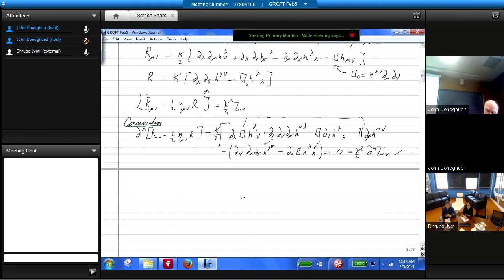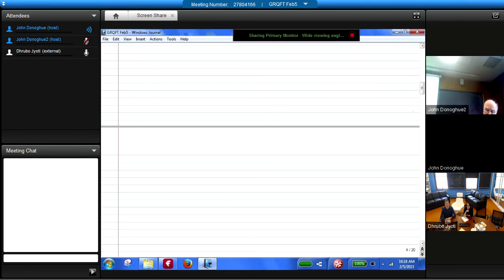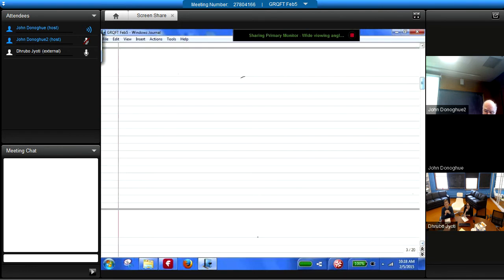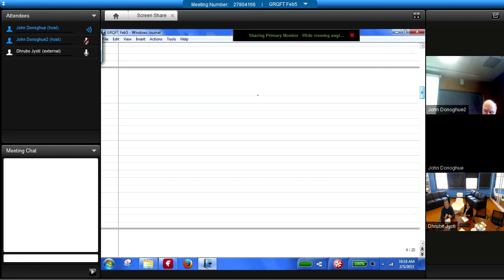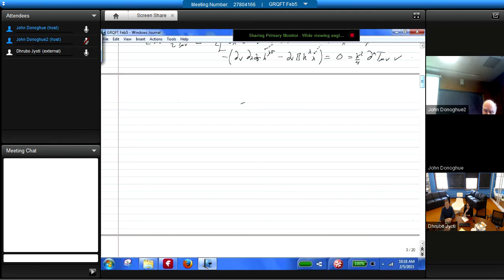Now let's try to solve it. So here's a wave equation, and this wave equation is basically unsolvable. Here's how you would try to solve it. And I'm not going to do all the algebra here. There are some moments where it's just not worth it.